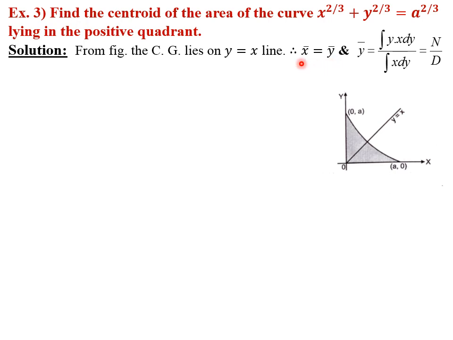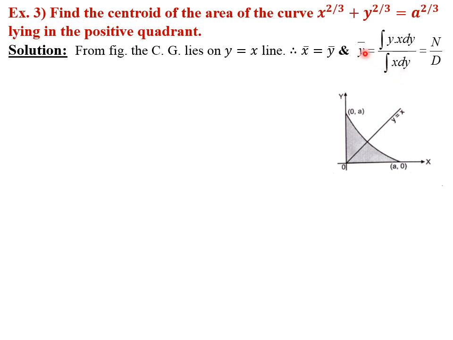In the first two examples we already saw how to find out x bar using the formula for x bar. So in this example, let us use the y bar formula to find out the y coordinate of the center of gravity.